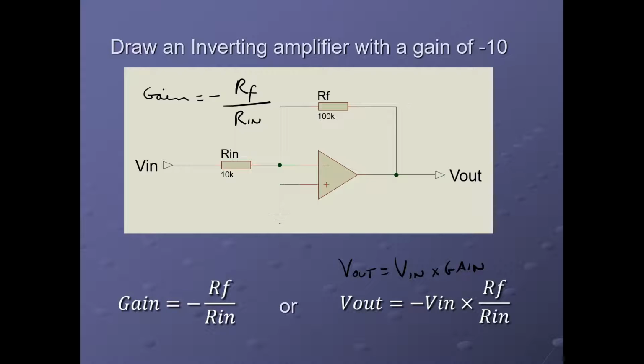And the gain in this case is minus RF over RN. So this is exactly the same equation. I've just put the minus sign right at the front. You've got RF over RN here, and I've just put the minus sign in front. The reason I've done that is because it fits in better with the equation for the summing amplifier, which we're going to look at in a little while.